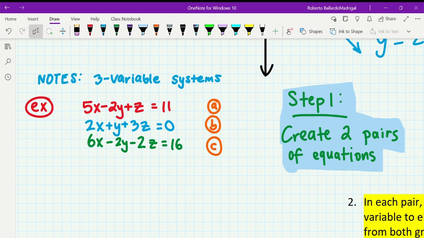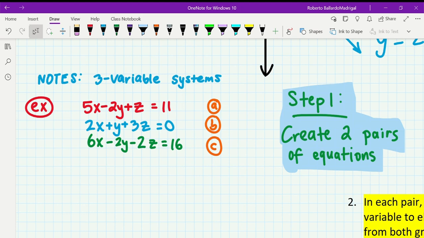All right. So what does it mean when we create 2 pairs of equations? I told you guys earlier that the way in which we're going to solve a 3 variable system is through elimination. And we have to make pairs of the equations so that we're only dealing with 2 equations at a time, because 3 equations is too many.